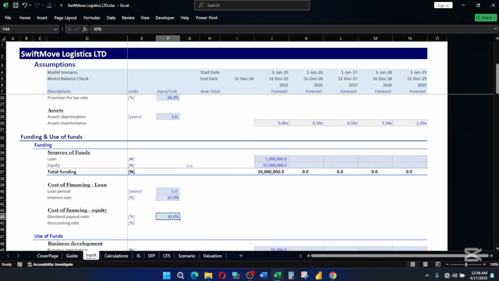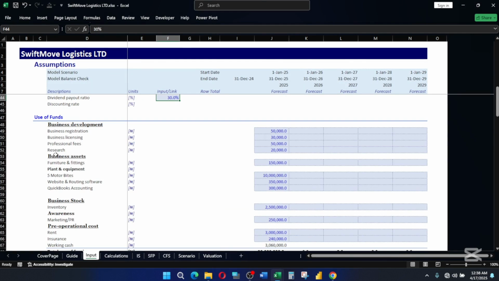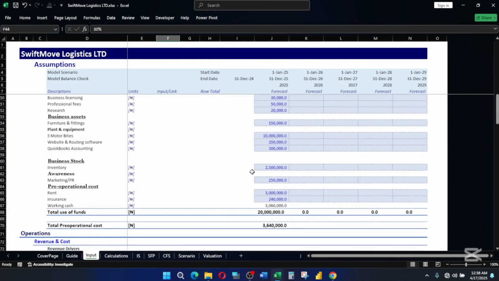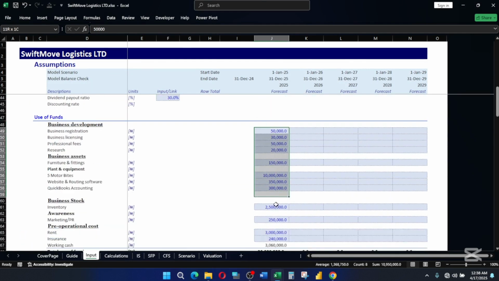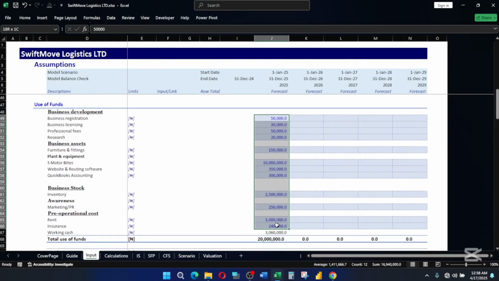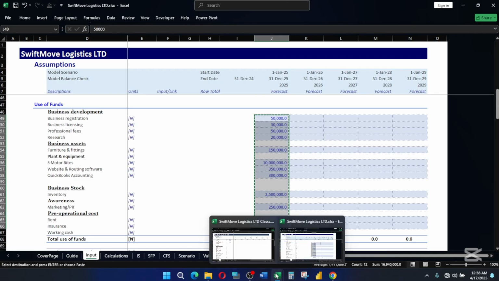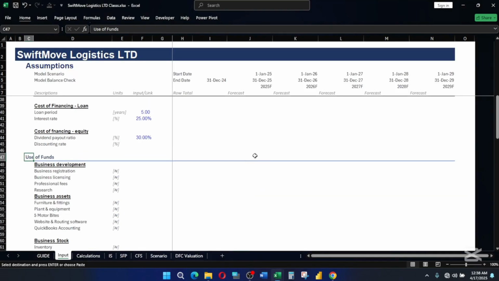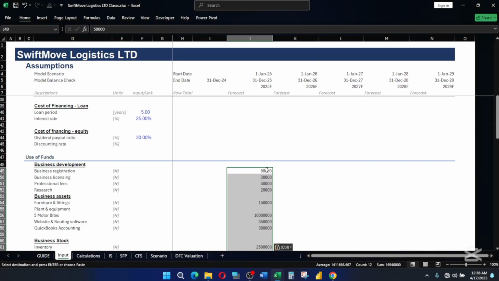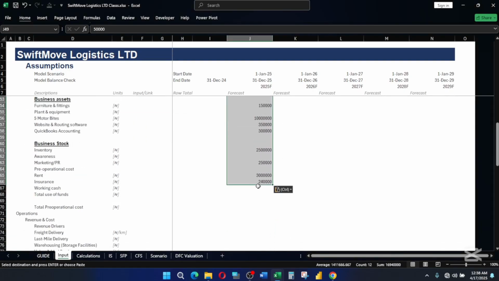So if you look at our base model here, these are the things we are going to use that money for. I'll go ahead and copy everything here apart from the working capital, because I'm going to show you how to calculate that value. So let's go ahead and paste.